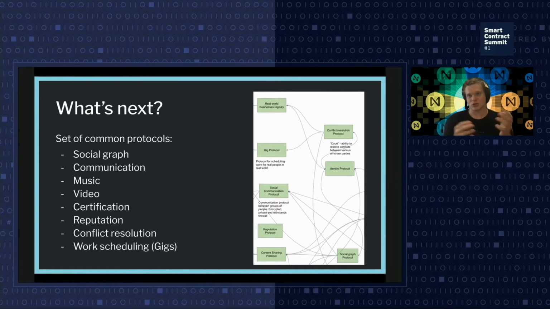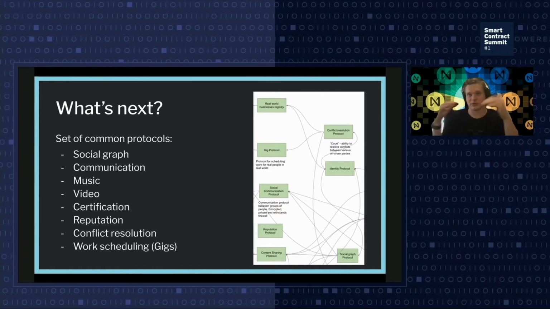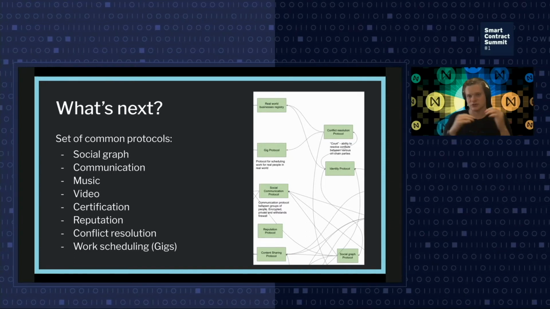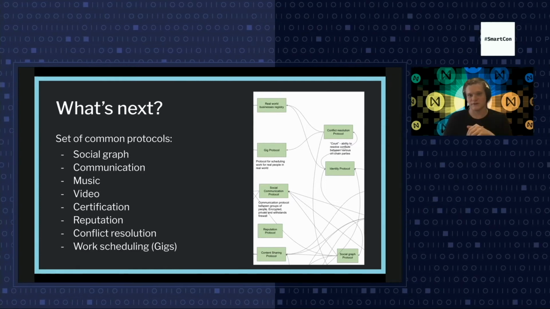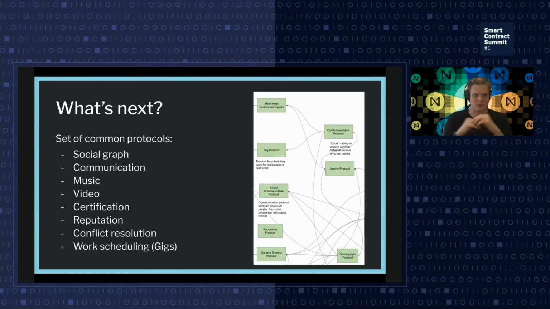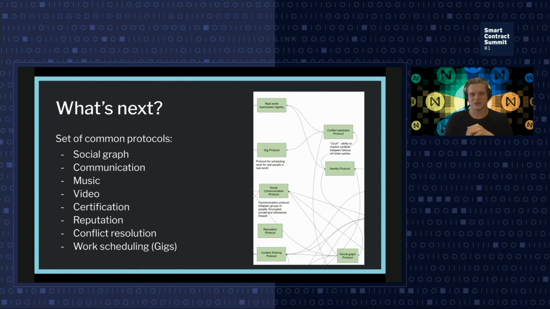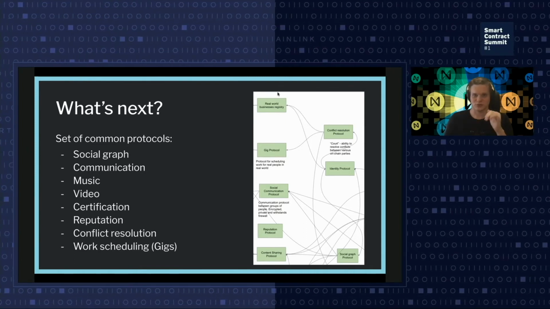And being able to resolve conflicts would enable a lot of other things like a gig protocol: the ability to grab jobs in the real world and have a court-resolution type of thing when a conflict arises. So if you're a hacker, if you're a developer and you look into it, this is just the next frontier of things to do. And if you're interested in building this, I would love to support you and work with you.